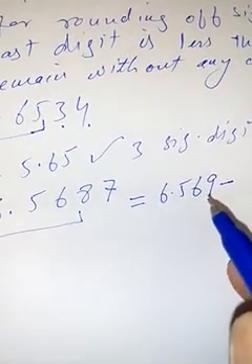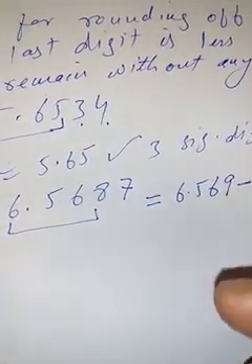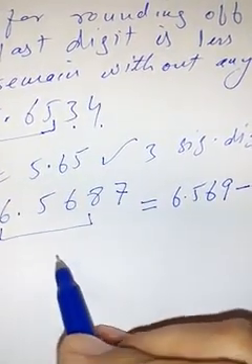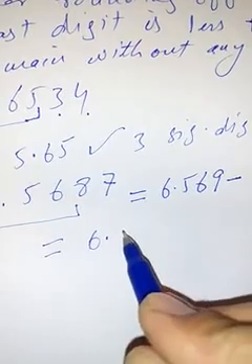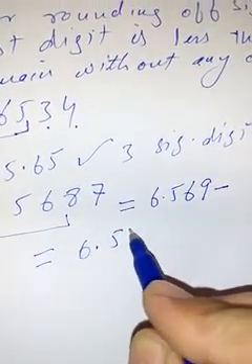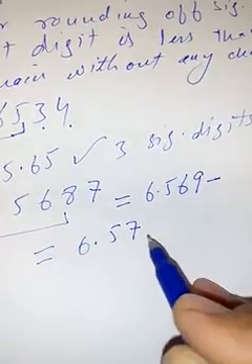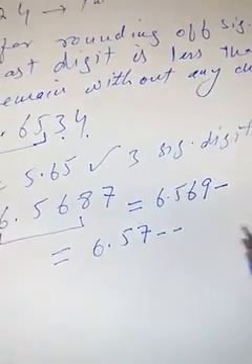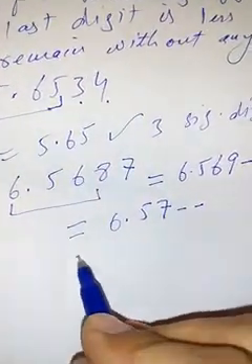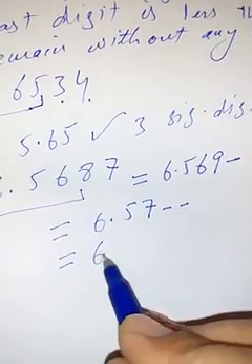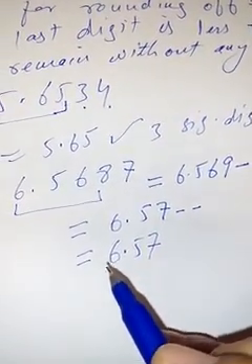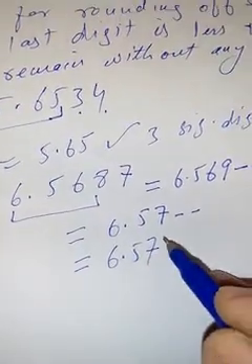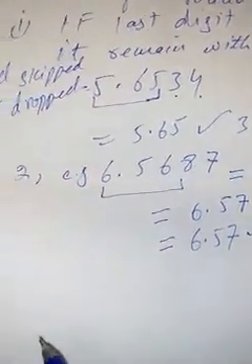Now again the 9 is not significant in this case and it will be rounded up since it is greater than 5, so we can write the value as 6.5 and this one becomes 7 and the 9 is dropped. So the two digits are dropped and the last rounded up value becomes 6.57. So this is the actual rounded up value.